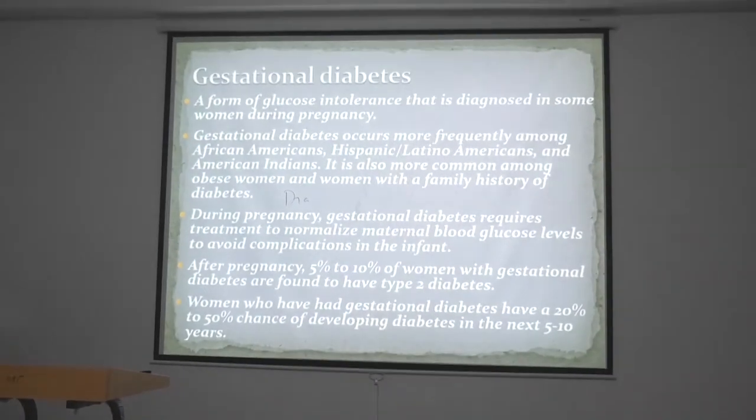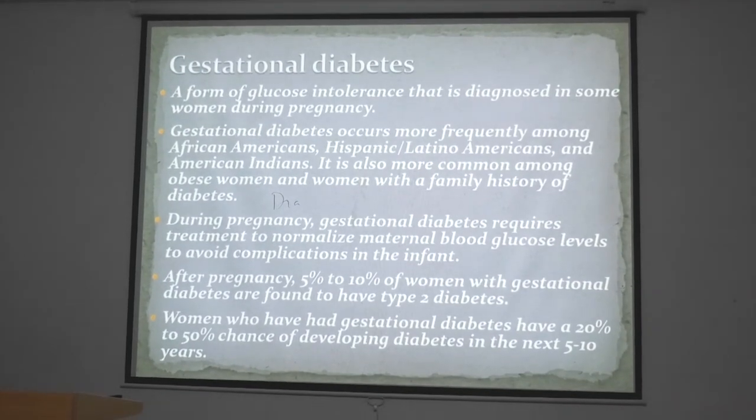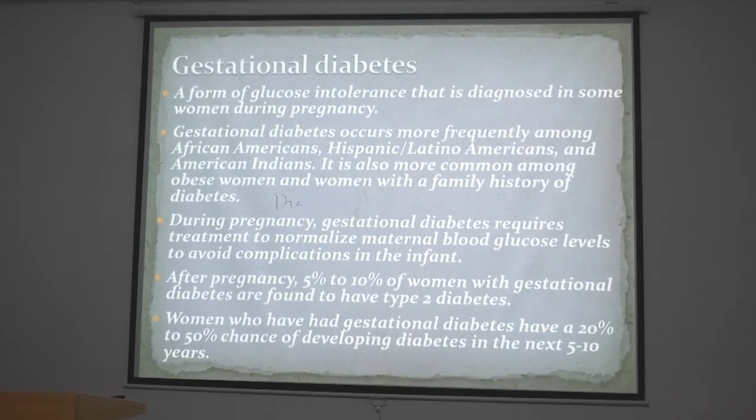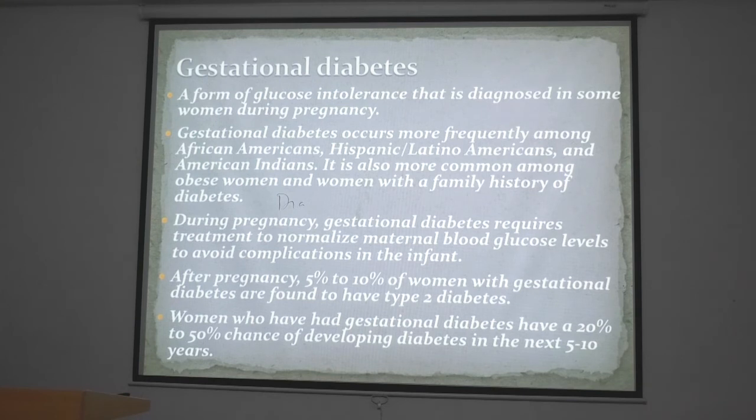During pregnancy, gestational diabetes requires treatment to normalize maternal blood glucose level to avoid complications in the infants. After pregnancy, 5 to 10% of women with gestational diabetes are found to have type 2 diabetes. There will be chances, but it is only a conception. It is not authorized and it is not a particular statement that if a woman has diabetes, the infants may have diabetes.